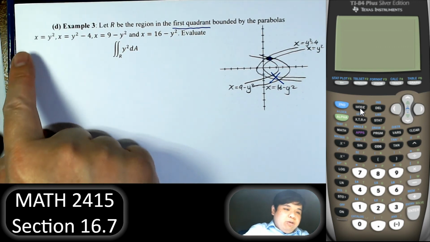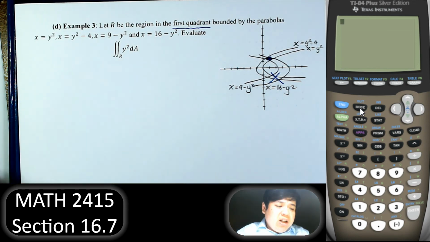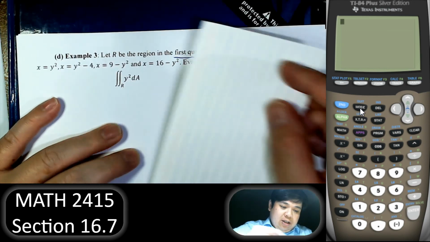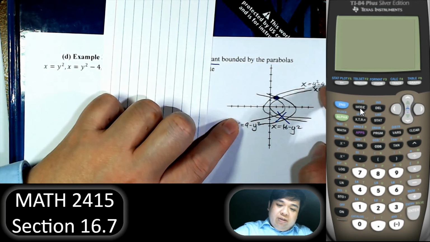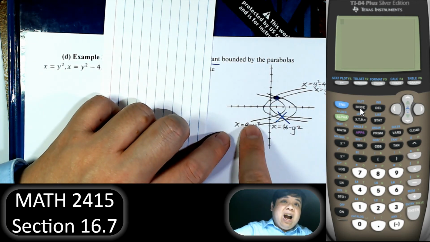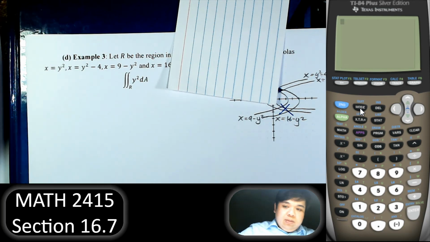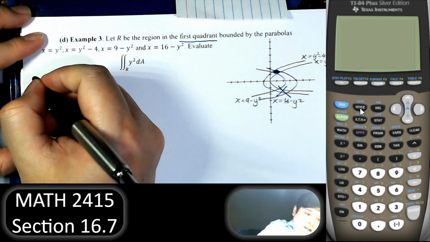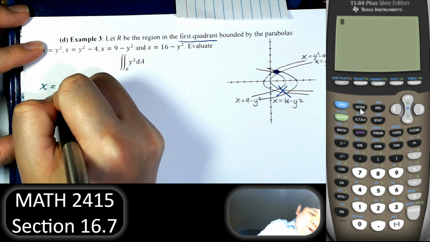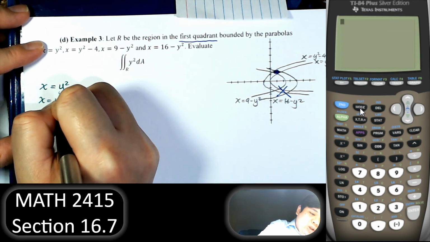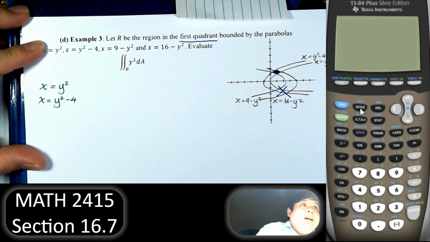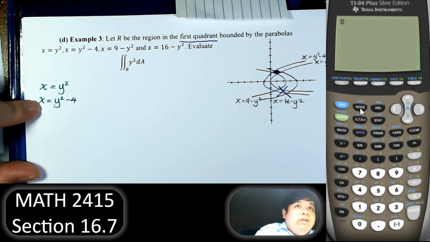So let's look at all of these equations. It looks like those two first graphs that open to the right are kind of parallel, right? So let's write this. x equals y squared and x equals y squared minus 4. Can we just move the y squared over?